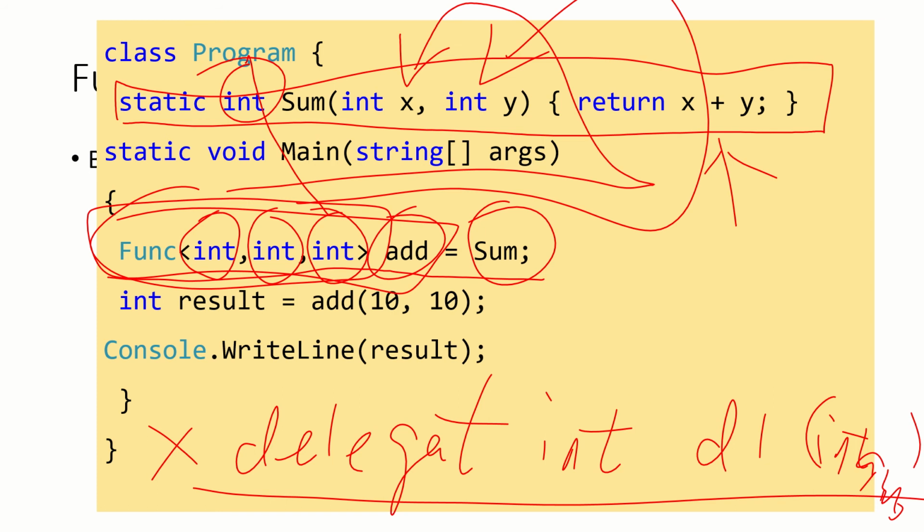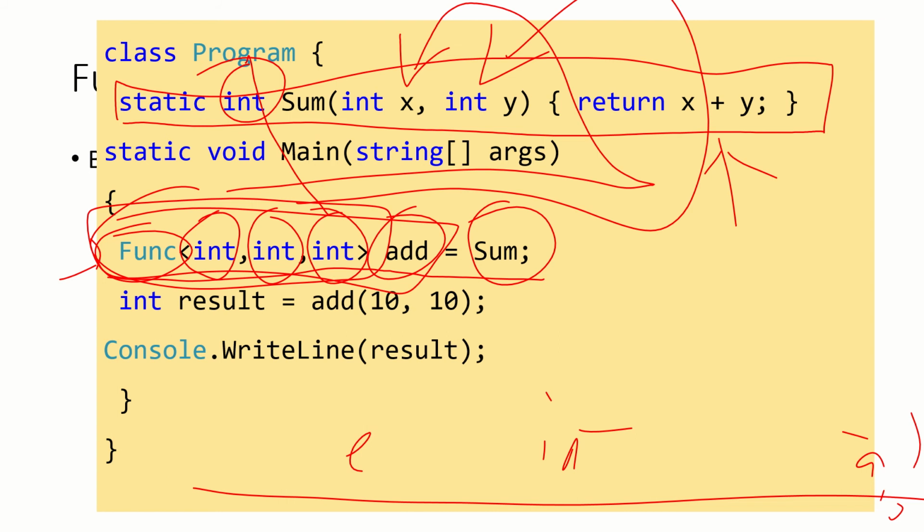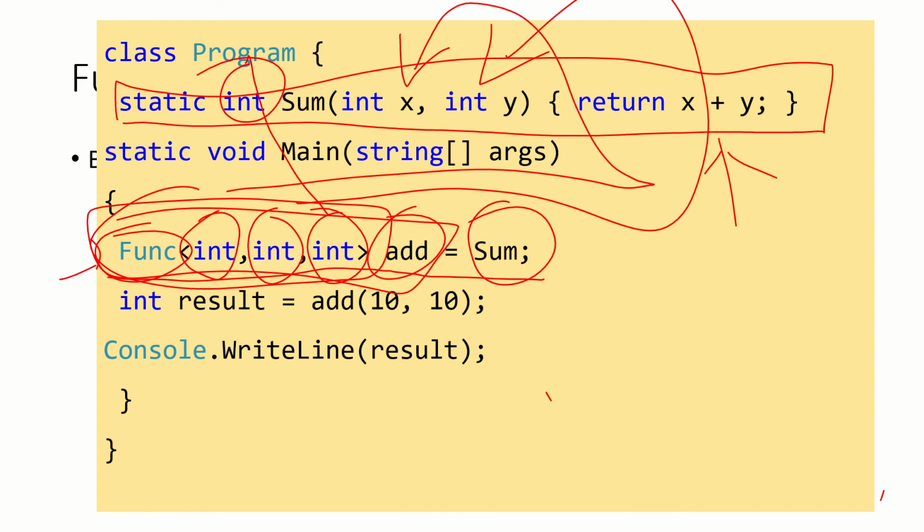Instead, we use the built-in generic type we call Func. We can directly declare them as a delegate and give the parameters and the return type in the brackets.